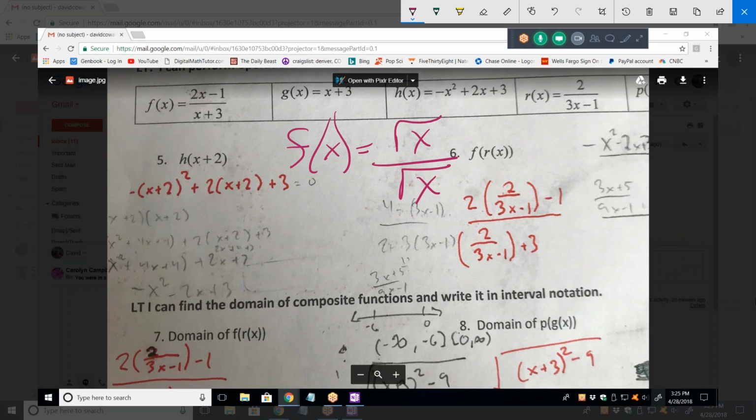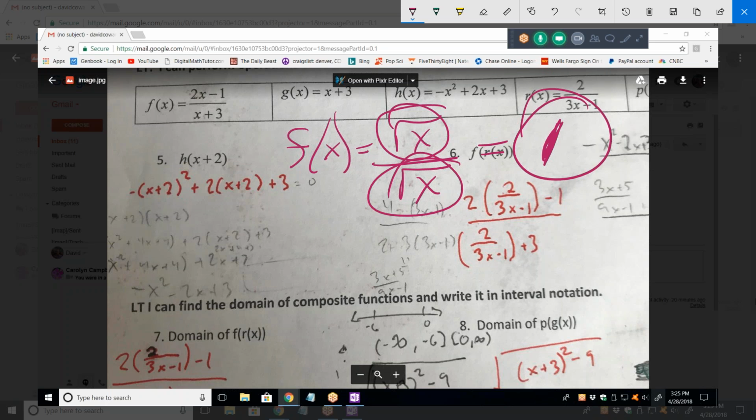Well, that's equal to 1. Doesn't appear to be very many domain restrictions on 1. But x cannot be a negative number, and x can't be 0. So the answer is 1, with the exception that x has to be greater than 0. So that would be the domain restriction on square root of x divided by square root of x. Always have to go to your original function to find out what really is a domain restriction.